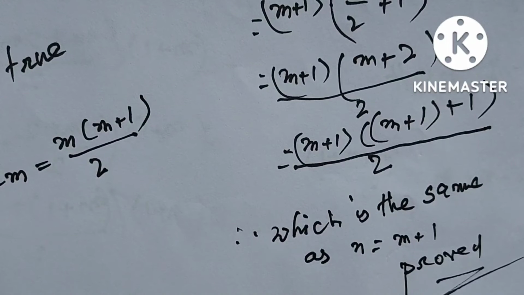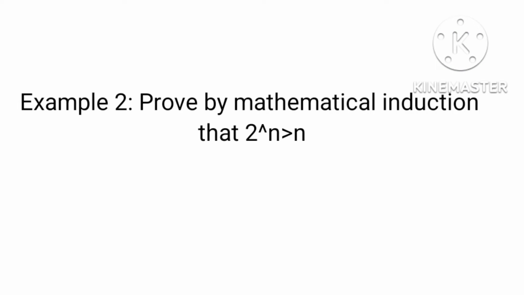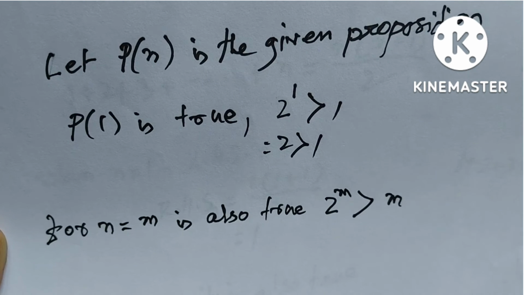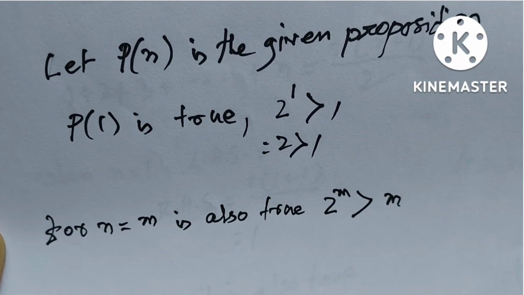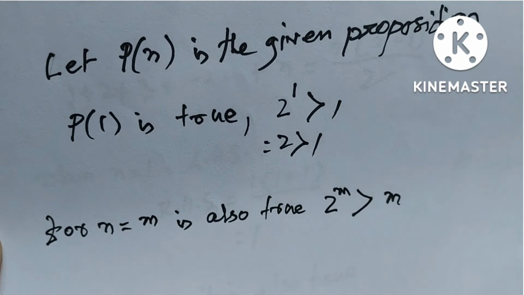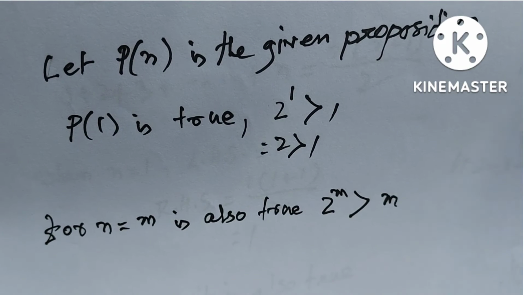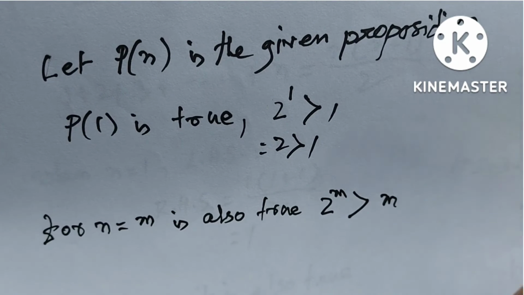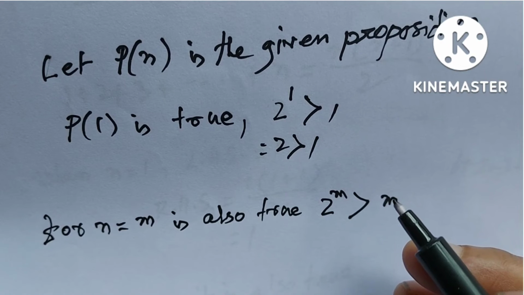Now, example number 2. Next example is prove by mathematical induction that 2 to the power n is greater than n. Let Pn be the given proposition. P1 is true. 2 to the power 1 greater than 1, or 2 is greater than 1. Here, assume 2 to the power m greater than m.